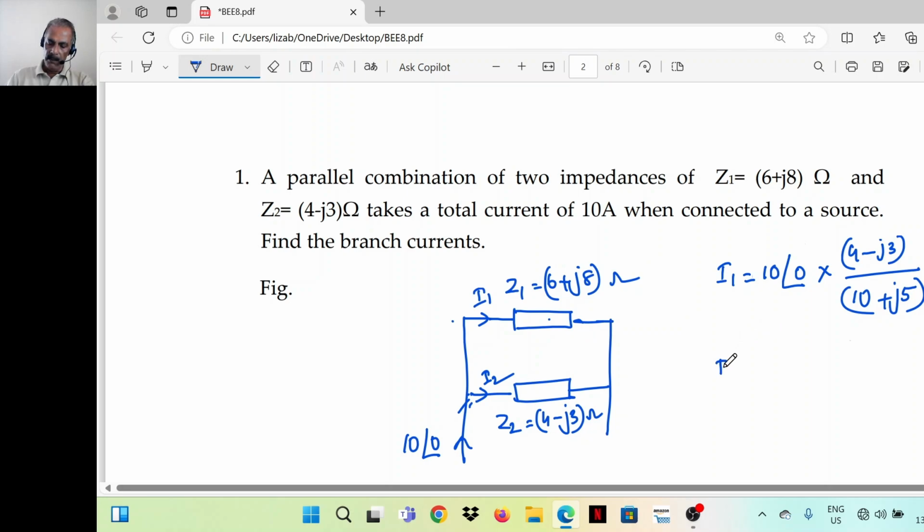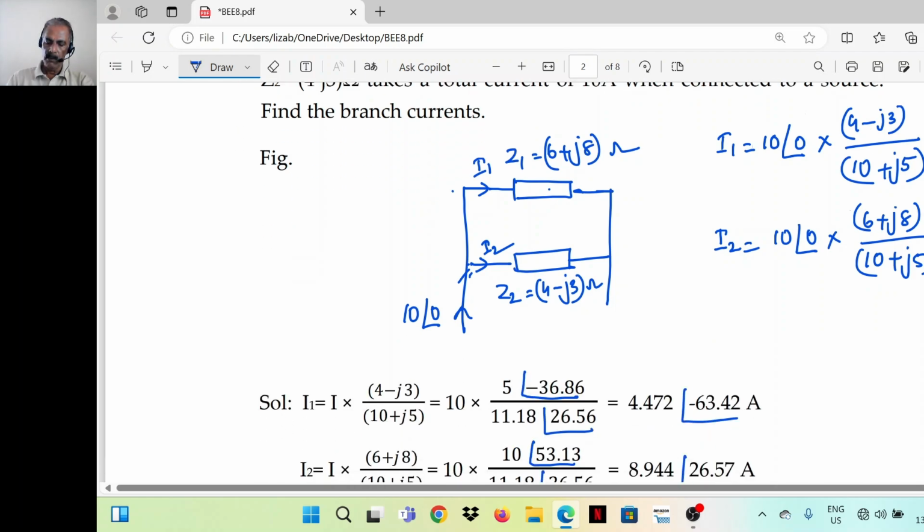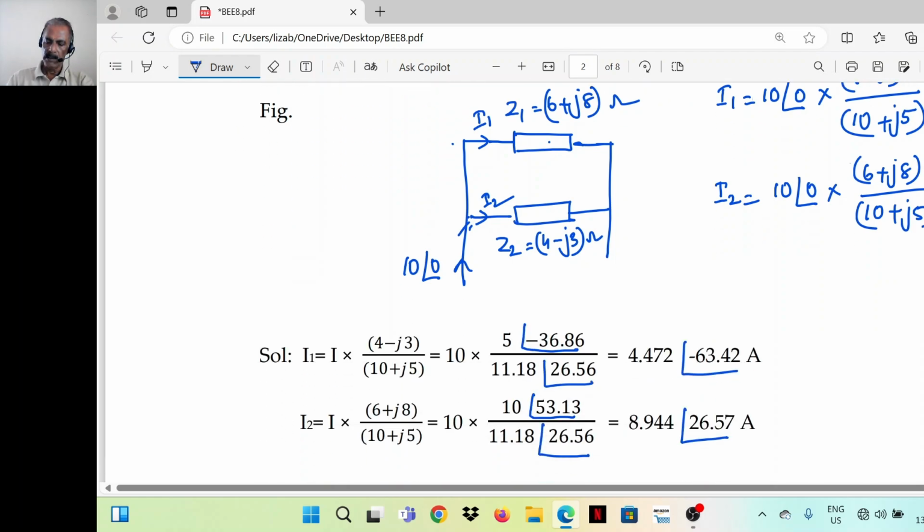And I2 is equal to 10 angle 0 into the opposite side impedance, that is 6 plus J8, divided by 10 plus J5. These are to be converted to the corresponding polar coordinates and solved.